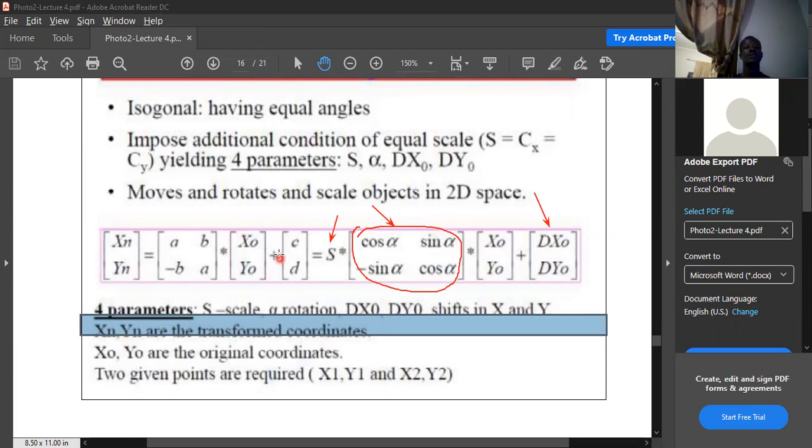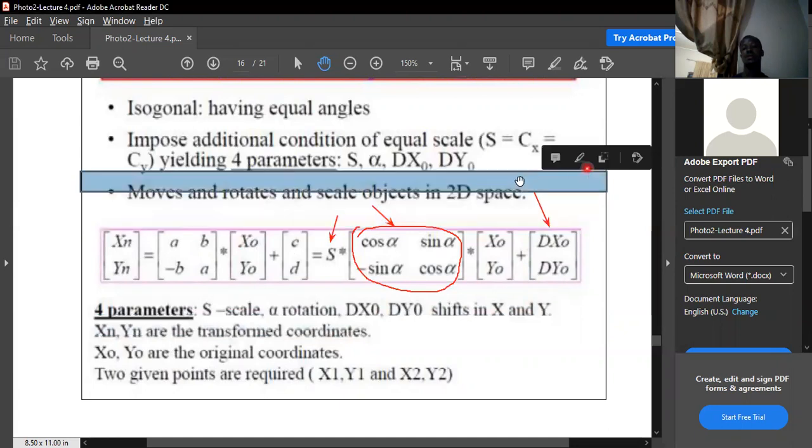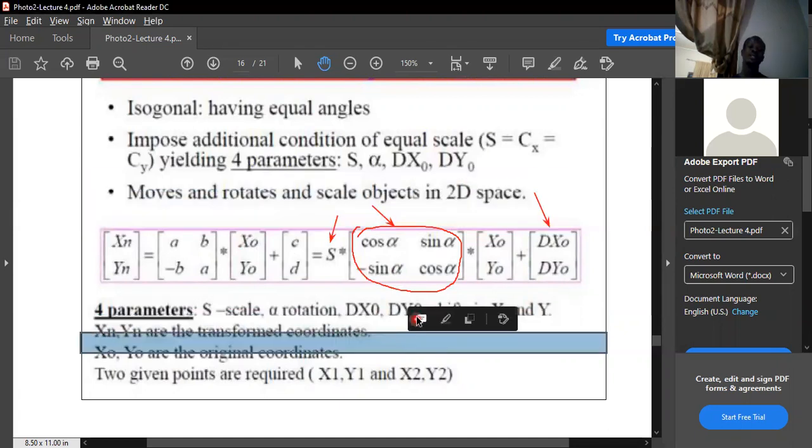All right, but really these are two equations. If you look at them carefully, you realize that if we expand this matrix, then it's a x naught plus b y naught plus c, equal to xn. So we can always expand it and then get the equations back.